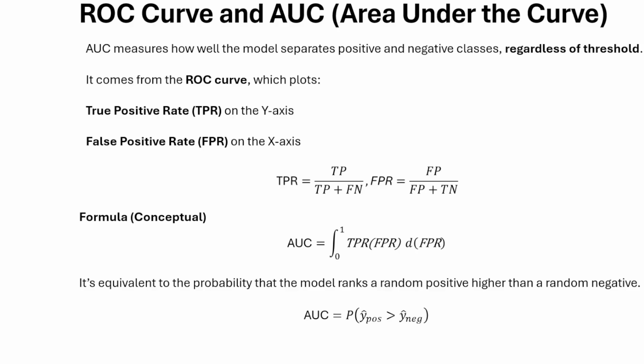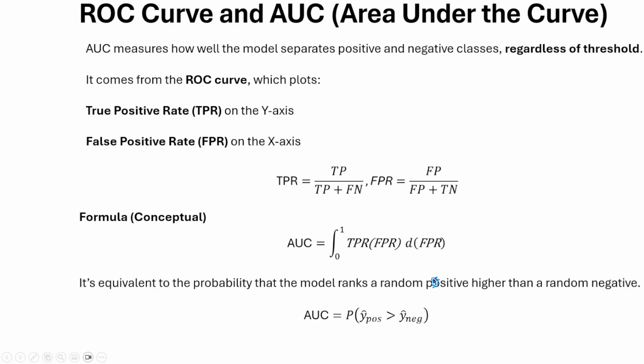It comes from the ROC curve, which plots the true positive rate on the y-axis and the false positive rate on the x-axis. We know the formula for the true positive rate, and this is also the formula for the false positive rate. So this is a conceptual formula.